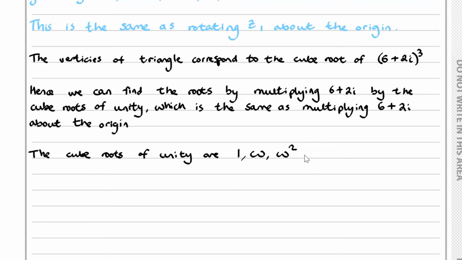And you'd find over here omega is equal to e to the power of 2 pi i over 3. So hopefully this makes sense so far.